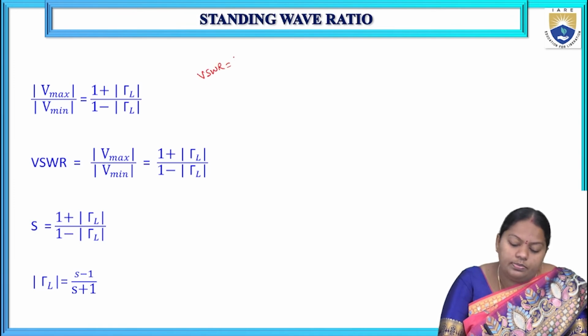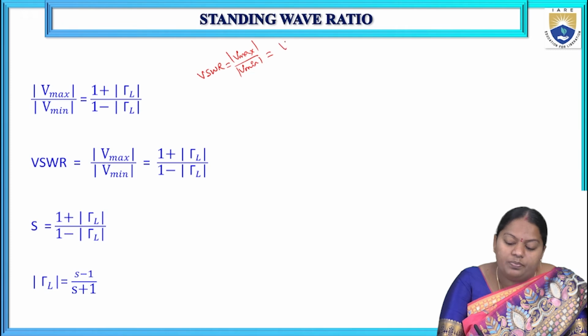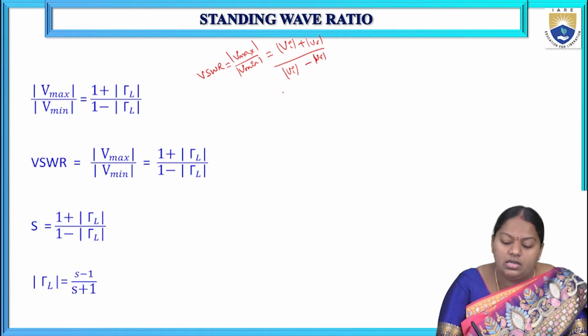VSWR equal to V maximum by V minimum in magnitudes is equal to VI plus VR by VI minus VR in magnitudes.